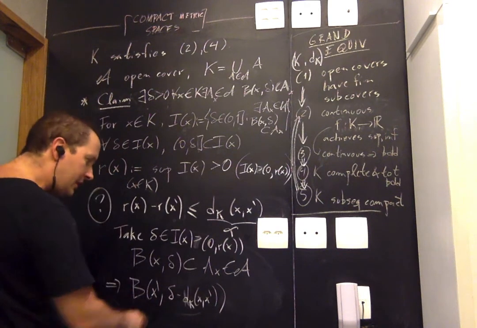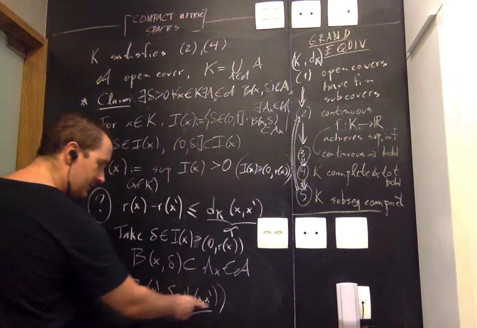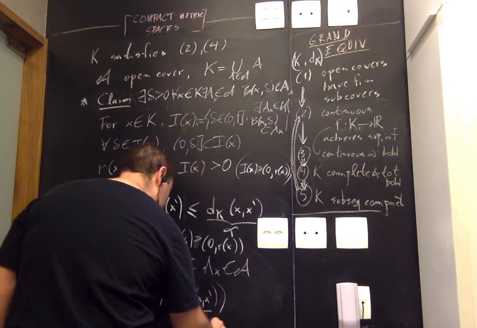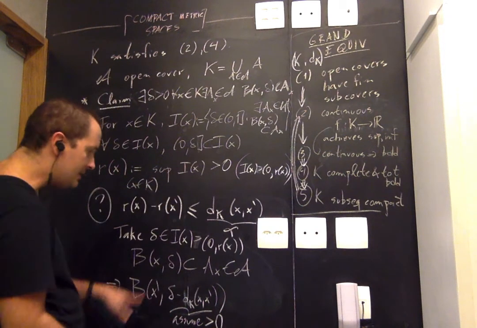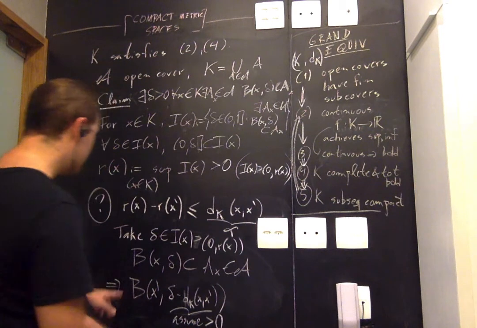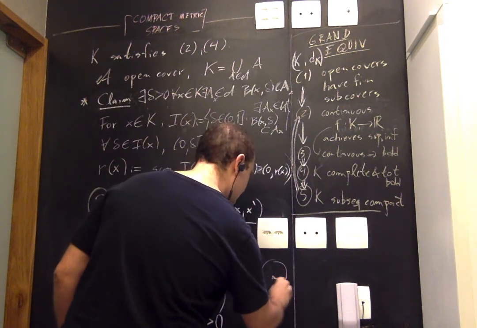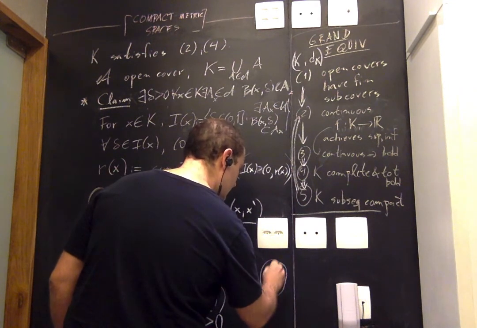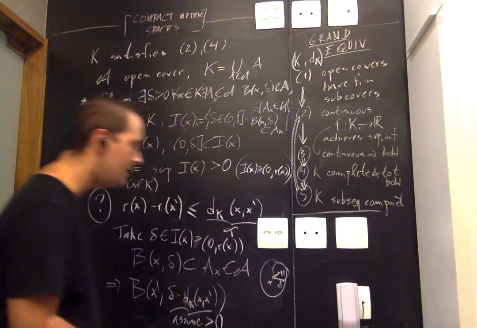Strictly speaking, this doesn't make sense if this number is negative, right? So let's assume this number is positive. Well, in any case, this is a kind of argument that I have seen, right? So I have the ball of radius delta around x. I have an x prime here. So the smaller ball of this radius, delta minus the distance, is contained in the ball of radius delta.